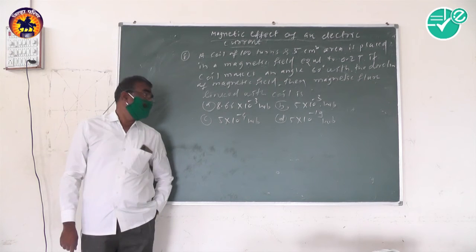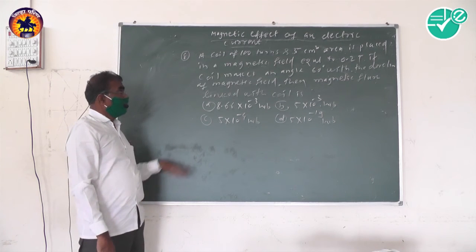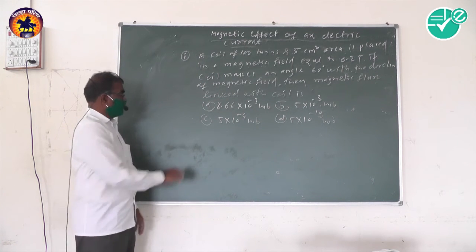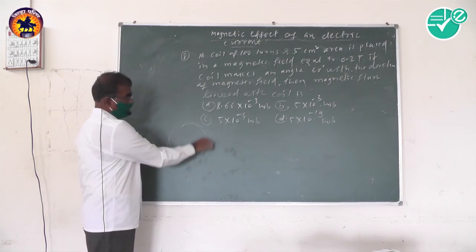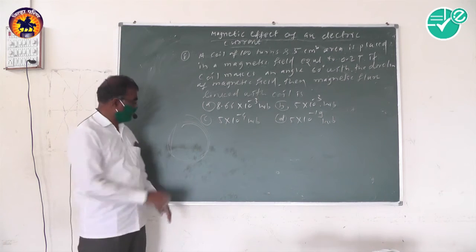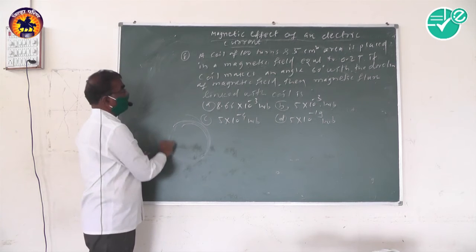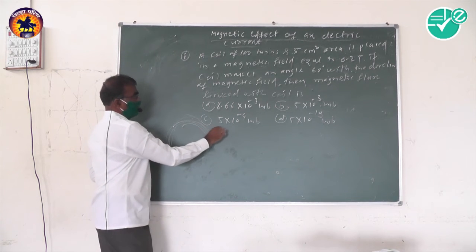See the problem here. A coil contains a 100 number of turns, that is N is 100.